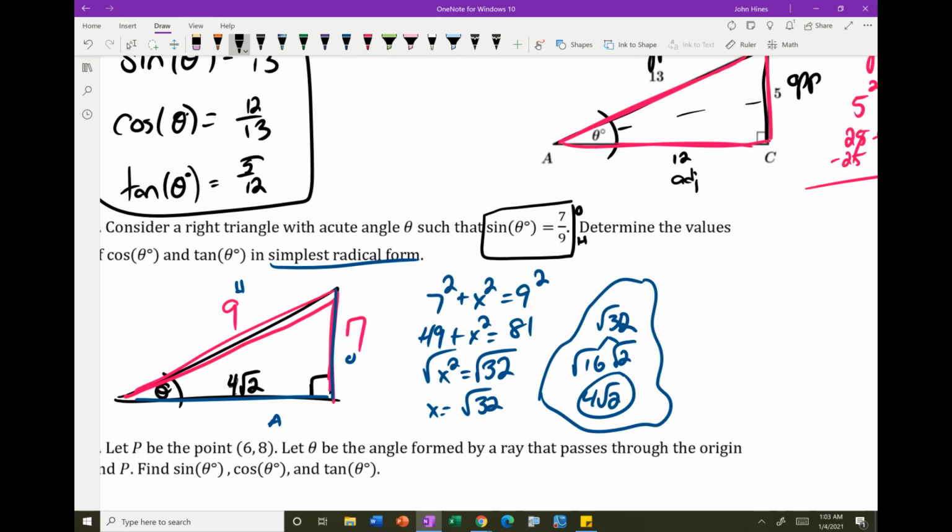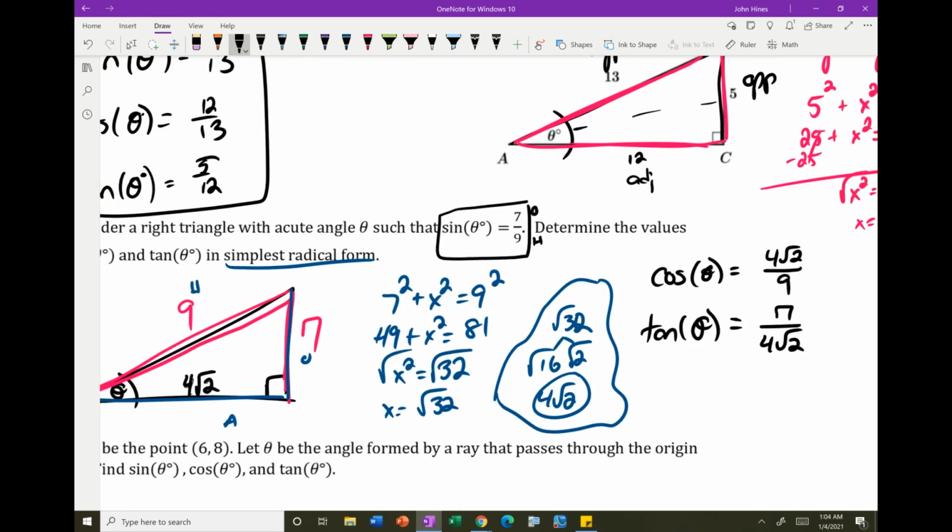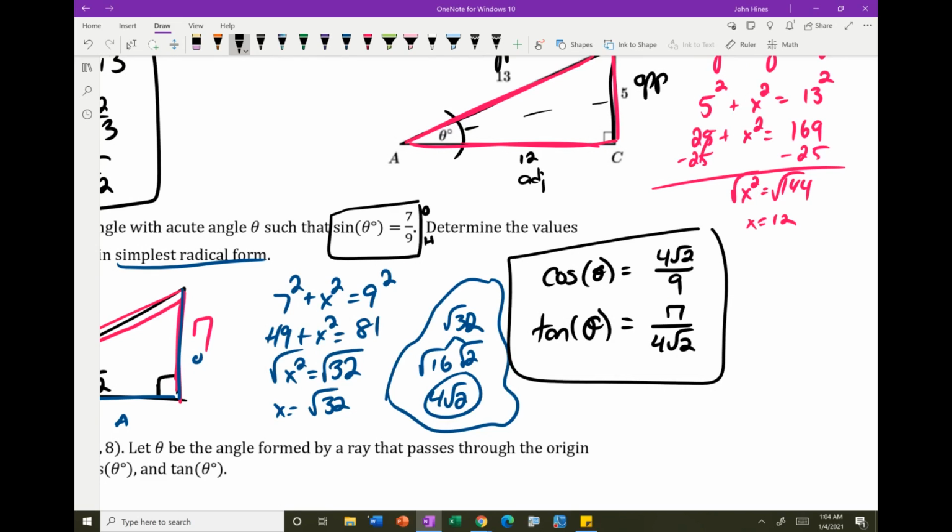So a lot of the times we're going to draw pictures, do some Pythagorean theorem, and then comes the trigonometry. The sine of my angle and the tangent of my angle: SOH, opposite over hypotenuse, 4 radical 2 over 9, and then tangent, opposite over adjacent, 7 over 4 radical 2, which you could fix up by multiplying by radical 2 over radical 2, but I don't care.